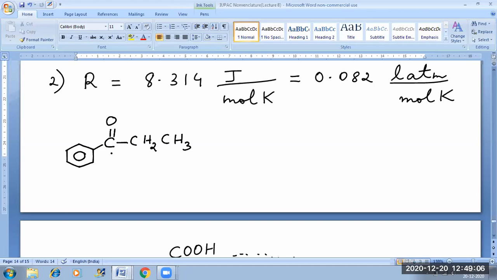So in such a case, this has to be 1, 2, and 3. Remember this. This has to be 1. Why? Because there is no other principal functional group. So this carbon has to be 1.